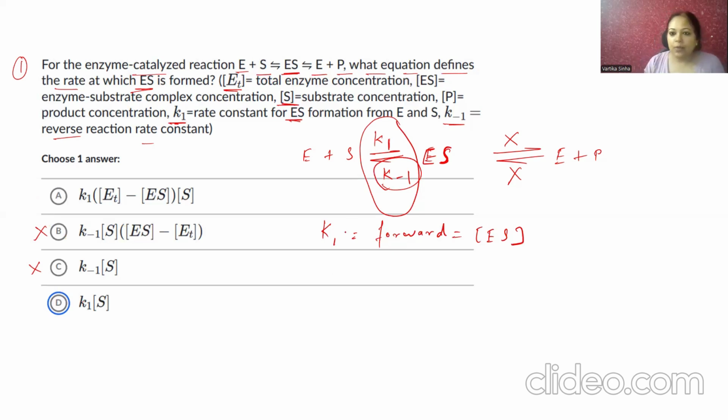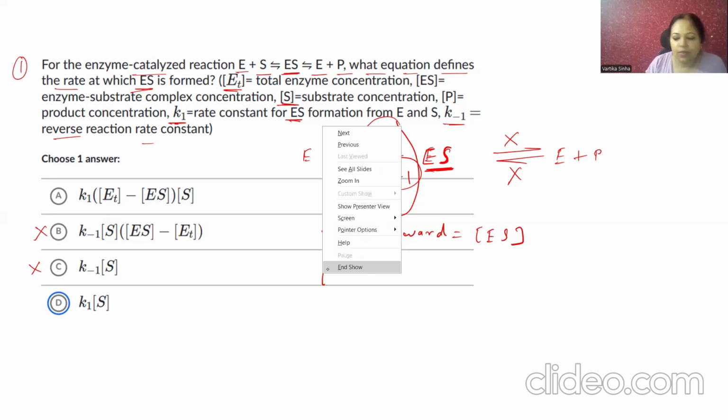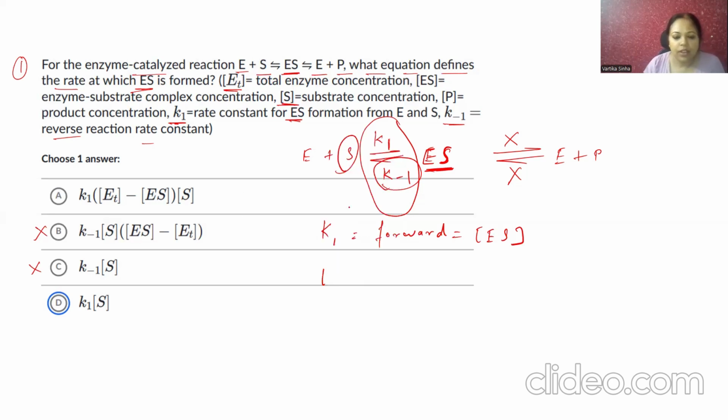Now, in the simple scenario, the rate of formation of ES will be directly proportional to the concentration of S, the substrate concentration, and to K1.